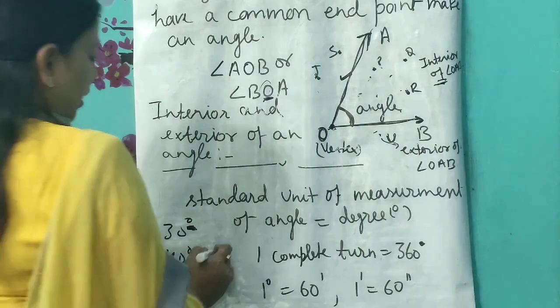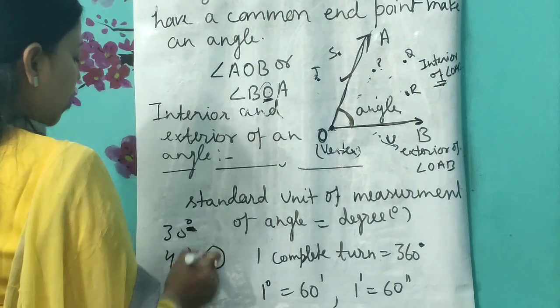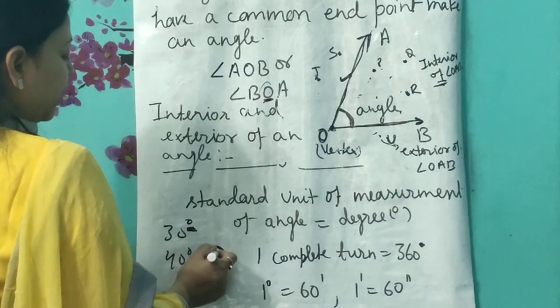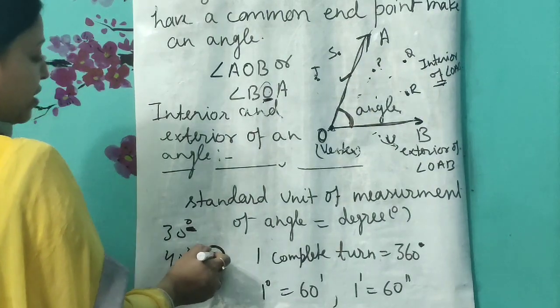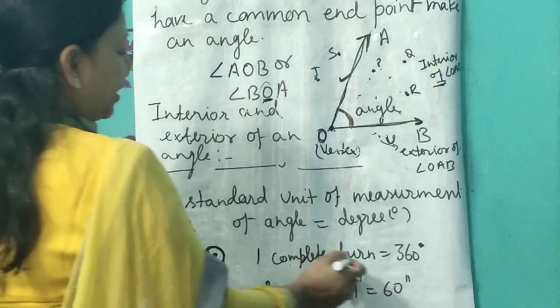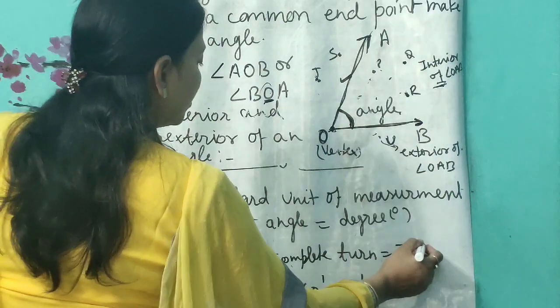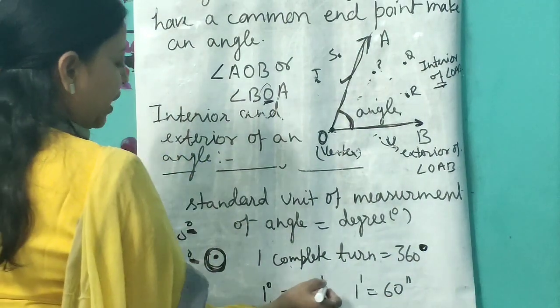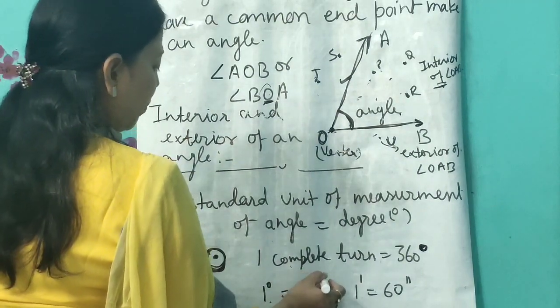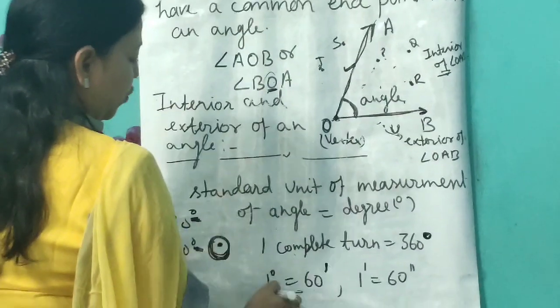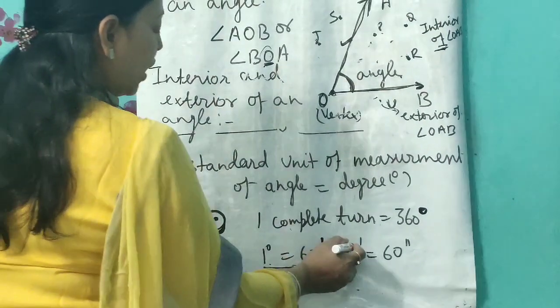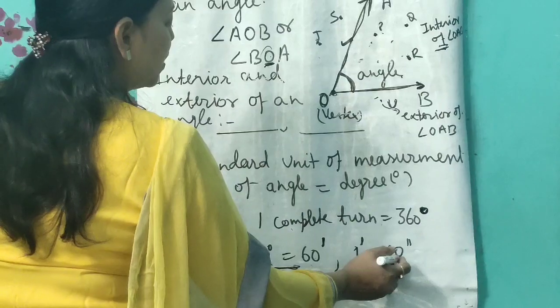And now when you make one complete round around a point, one complete turn, then that is known as how many degrees? 360 degrees. So one complete turn is equal to 360 degrees, and 1 degree is equal to 60 minutes. This symbol stands for minutes, and 1 minute is equal to 60 seconds.